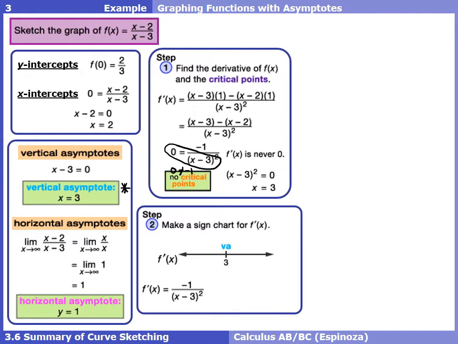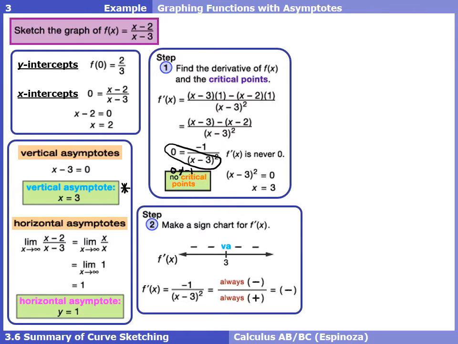That's perfectly fine. But I'm going to notice something about my first derivative, and it's this. You'll notice the top of this first derivative will always be negative. It's a -1. The bottom of this derivative, it doesn't matter what number you pick for x, you're going to subtract 3, but ultimately you'll square that quantity, which will always make it positive. So we can observe that our first derivative will always be negative.